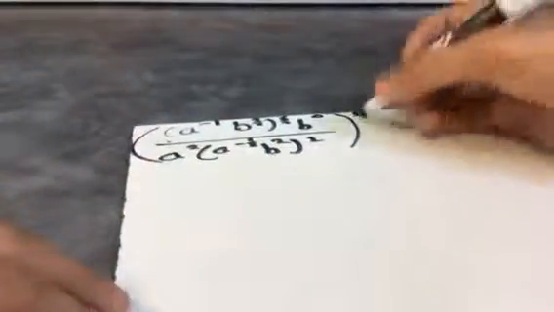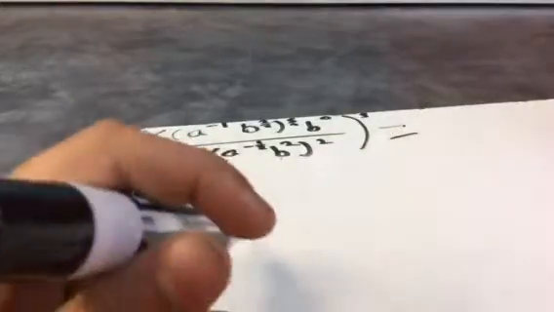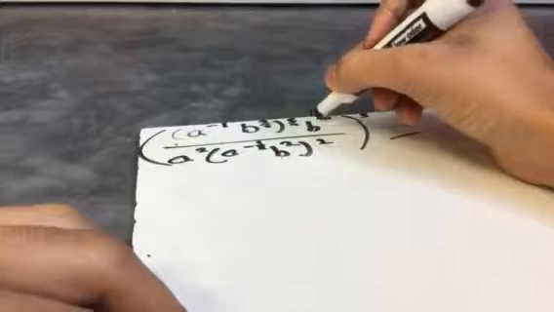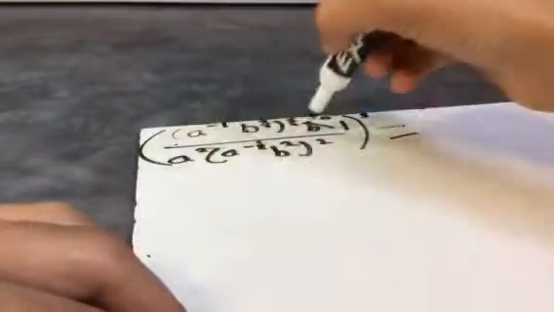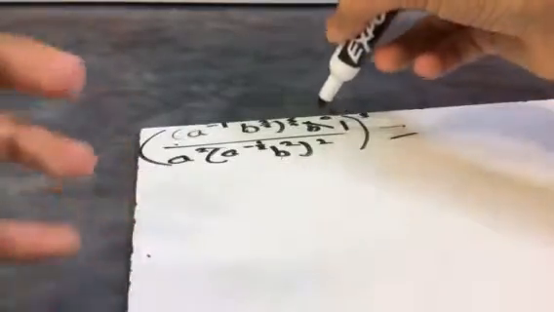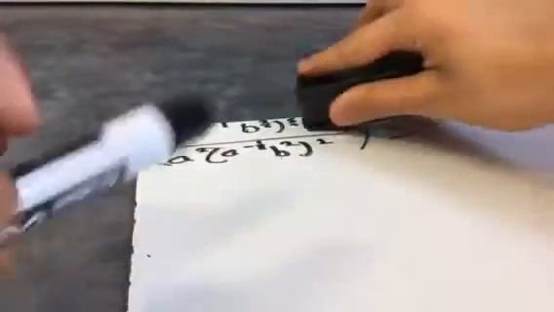So we're going to start to solve this problem. We already know that anything to the power of 0 is equal to 1, so we can just say this is 1, and since anything times 1 is itself, we don't really have to include this here.